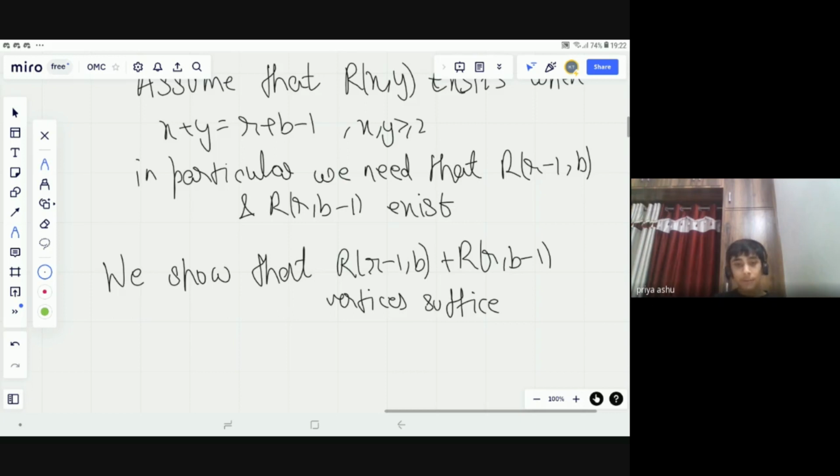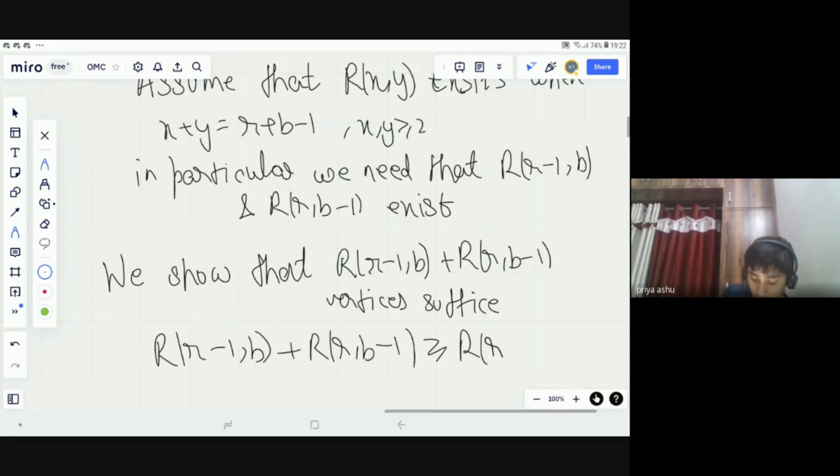Note that this does not mean that R(R,B) is R(R-1,B) + R(R,B-1). This only means that R(R-1,B) + R(R,B-1) is at least R(R,B). If we prove that these vertices suffice, again, this does not mean that the equality holds.